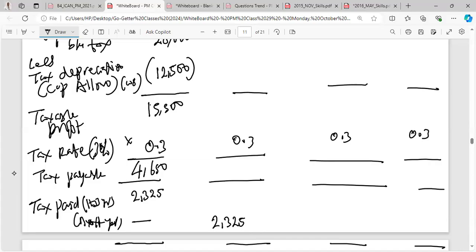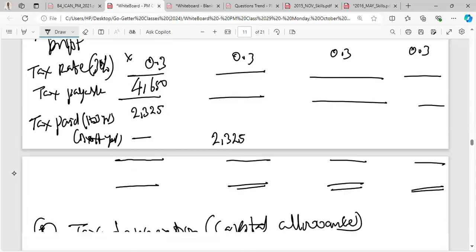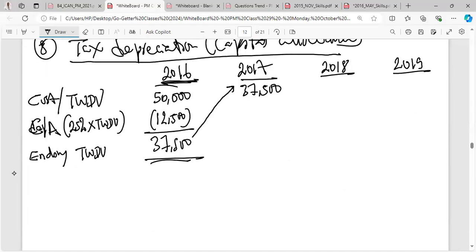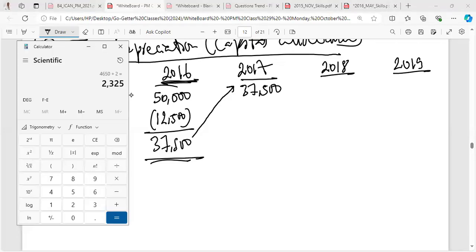Now let's come to 2017 and do what we are supposed to do. In 2017, we have 37,500. Now, if this were straight line depreciation, all of them would have the same value.